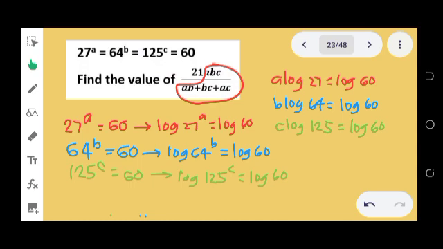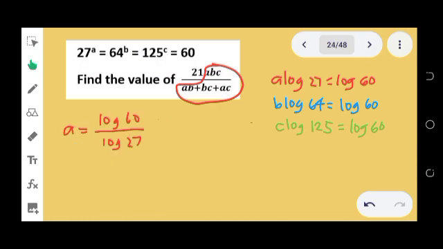Next, since we are solving for A, B, and C, we are going to solve each logarithmic equation for the variable. So we have A is equal to log 60 over log 27, B is equal to log 60 over log 64, and C is equal to log 60 over log 125.